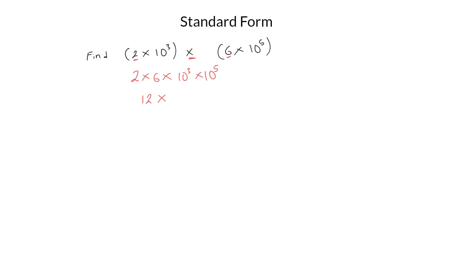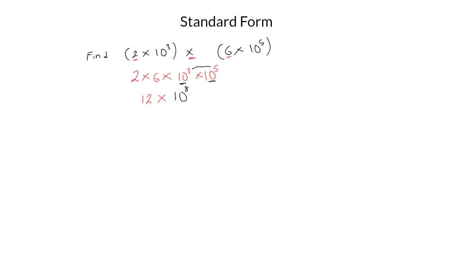The power rule is saying that if you have a number which is the same and they are multiplying each other, then you should add their powers together. So I have 10 and 10 here, and it is multiplication. Then I have to add their powers together. So that would be the same thing as 12 multiplied by 10 raised to the power of, what is 3 plus 5? 3 plus 5 is actually 8.